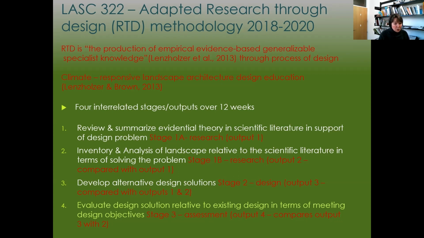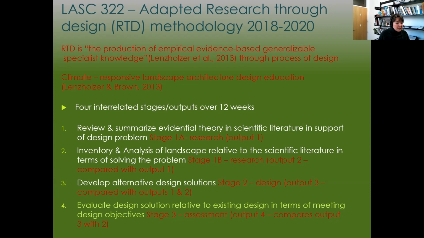That was output 2. And output 2 was compared with output 1. So it's an integrated approach. The inventory and analysis was compared with the scientific literature. So it was that idea of to what extent does the site meet the scientific literature the way it is designed currently.